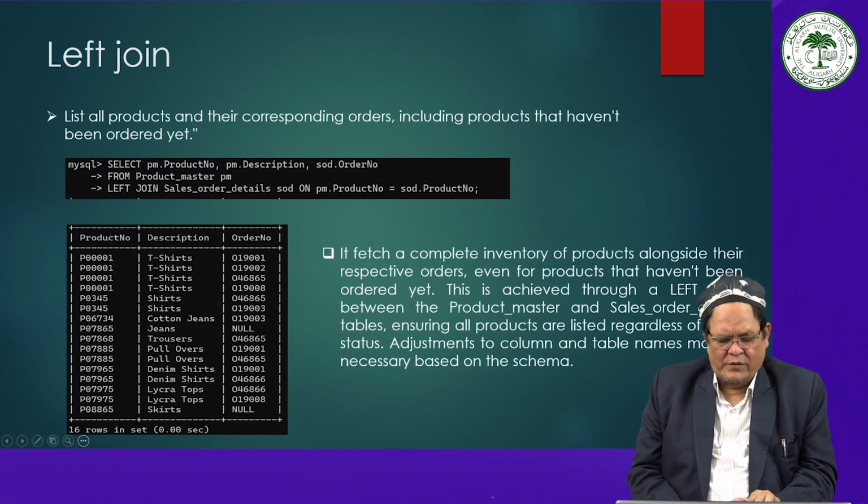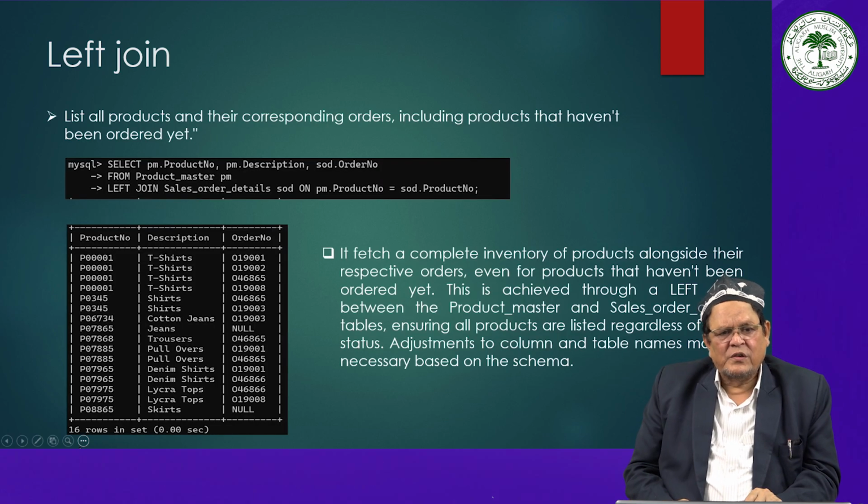The left join. The question is: list all the products and their corresponding orders, including products that have not been ordered yet.